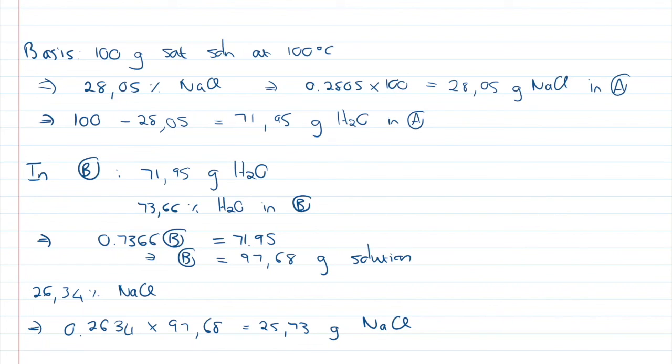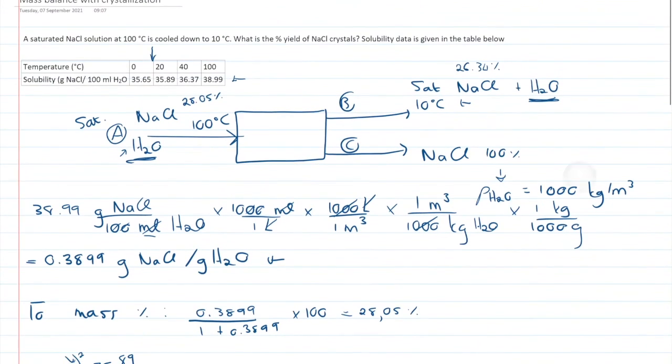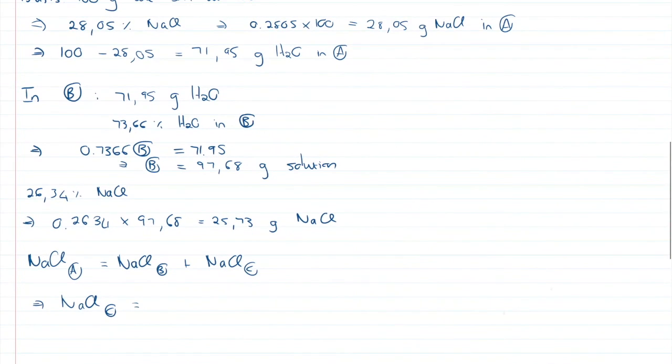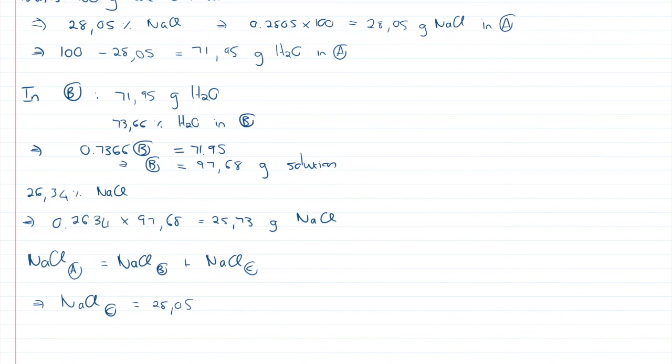So now that I have the sodium chloride in stream B, I know that the difference between stream A and B is stream C, because everything that didn't go into stream B would have gone to stream C. So the sodium chloride in stream A is the sum of the sodium chloride in B and C. So for that, we know we had 28.05 minus 25.73, and we are left with 2.32 grams sodium chloride. So that is how many crystals actually precipitated out.